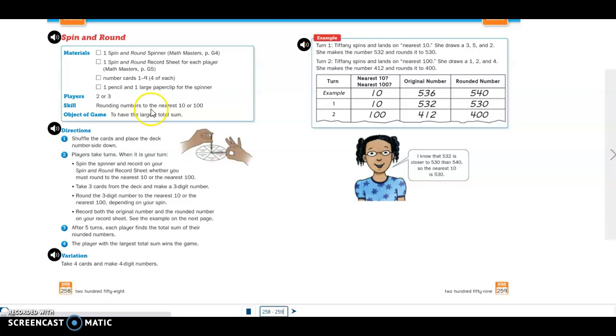All right, spin and round. It tells us the materials we'll need, how many players, the skill and the object, and then tells us the directions. I could also click this speaker button to have it read to me.